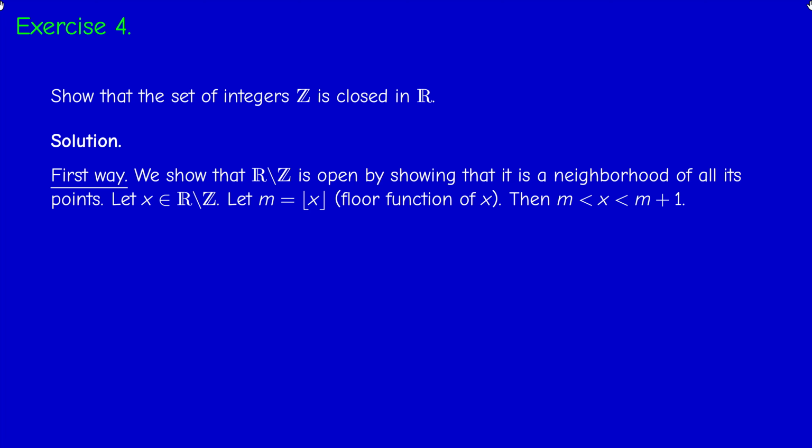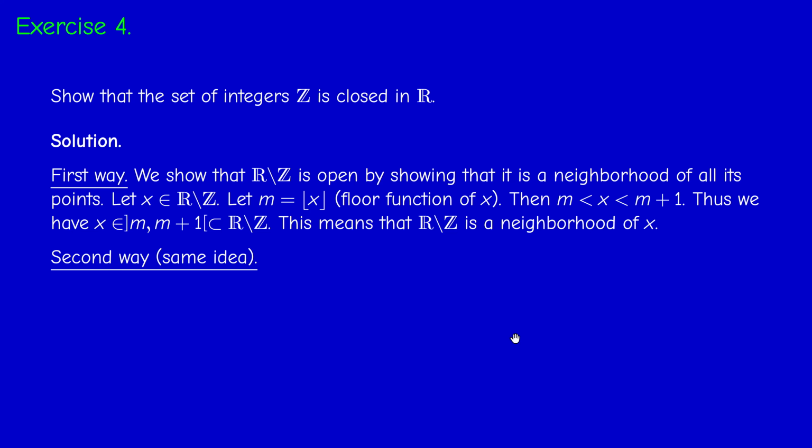Now the open interval (m, m+1) contains no integer, because it's open. So it's totally contained in the complement of Z. So this is now a neighborhood of x, or an open set containing x contained in R without Z. So this precisely means that R without Z is a neighborhood of x, because it contains an open set containing x.